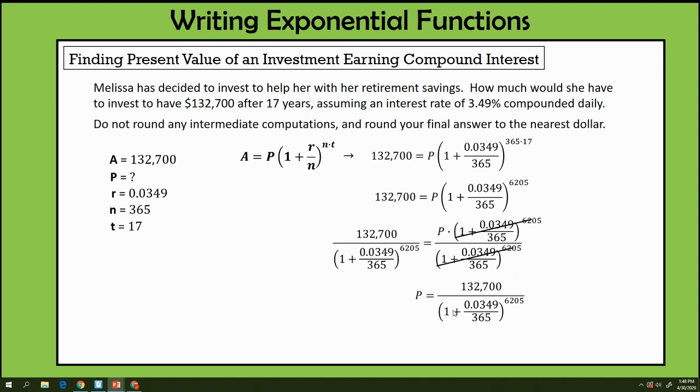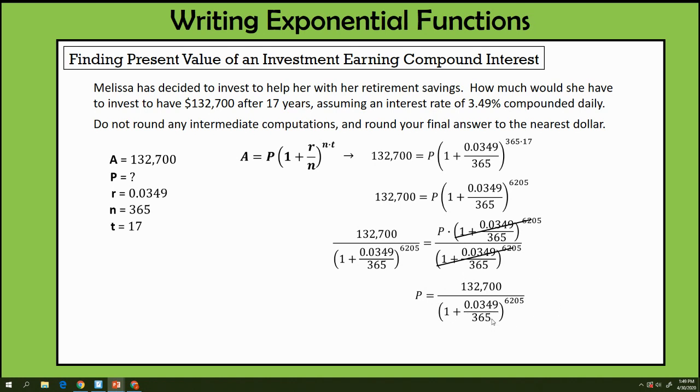So in a calculator, depending upon how much ability you have with your calculator, you need to do 132,700 divided by this answer. Okay, there's several different ways you can do it, but you want to do it all at once.